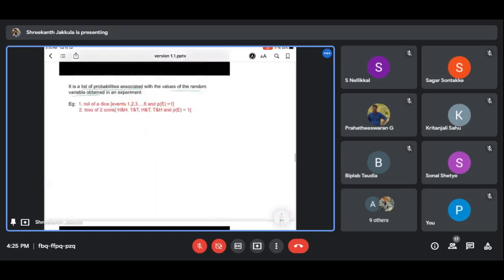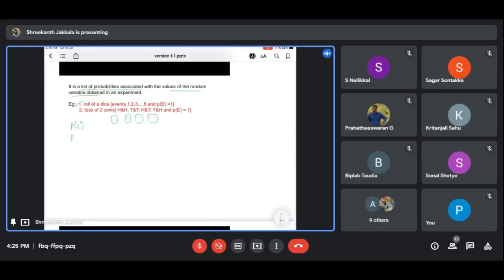For example of probability distribution, the roll of a die: what is the probability distribution for a die? You can see there will be one or two or three or four like this.